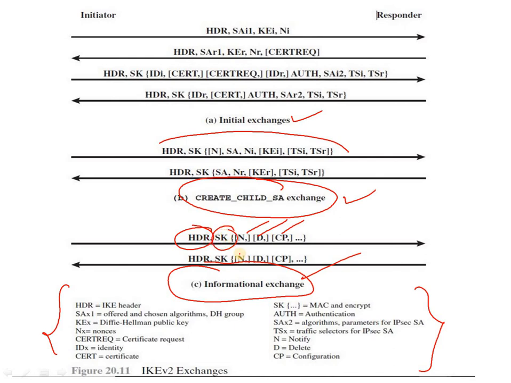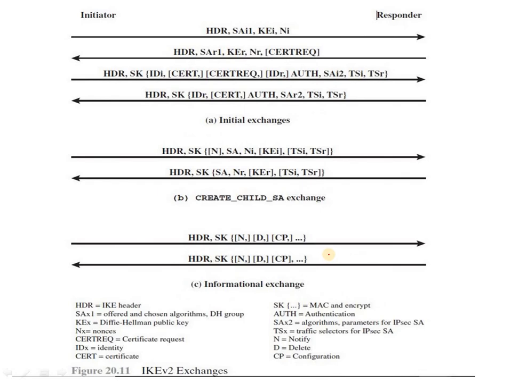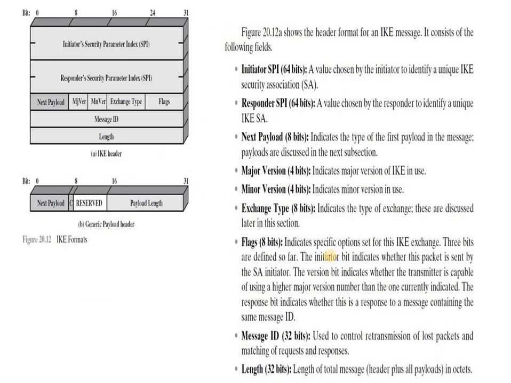This SK is nothing but, you can see here, SK is the MAC and encryption. MAC, message authentication code, and then encryption. So these are the three steps in the IKEv2 exchanges. So this is the IKE format. You can see here. It is a total of a 32-bit format.